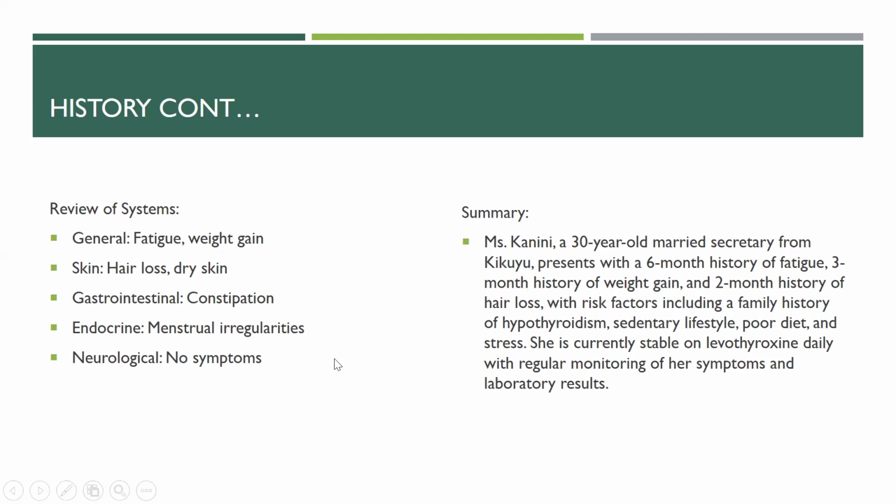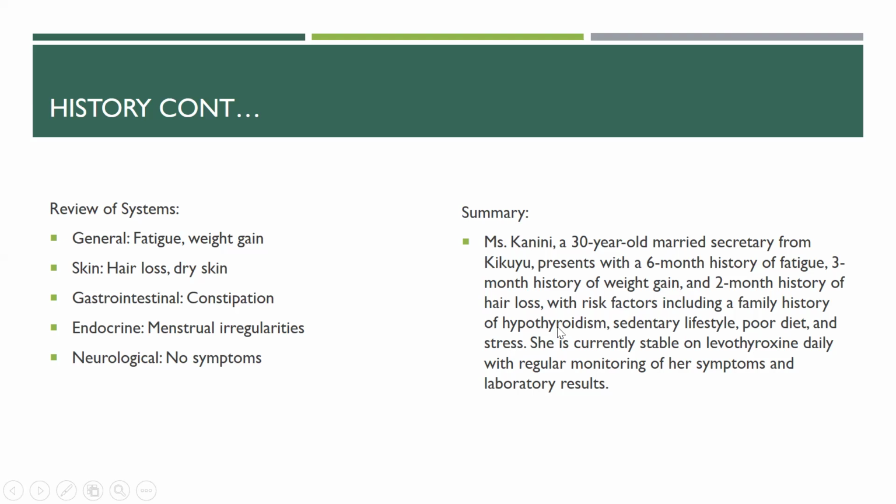Okay. And then your summary, once again, should be strictly two statements. I would want you to focus on the important negatives and the important positives. The important positives in this case would be stuff like risk factors: family history, sedentary lifestyle, poor diet, and stress.